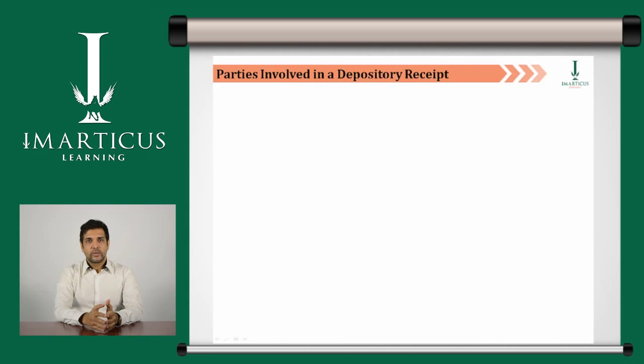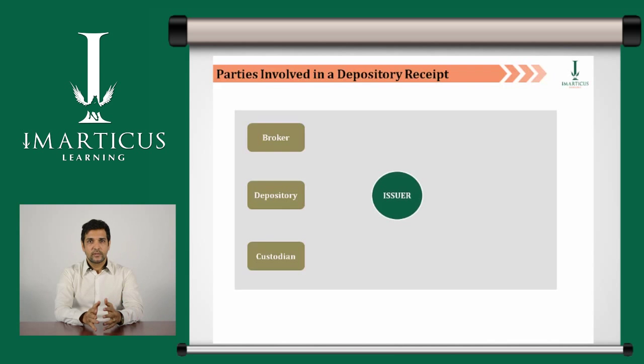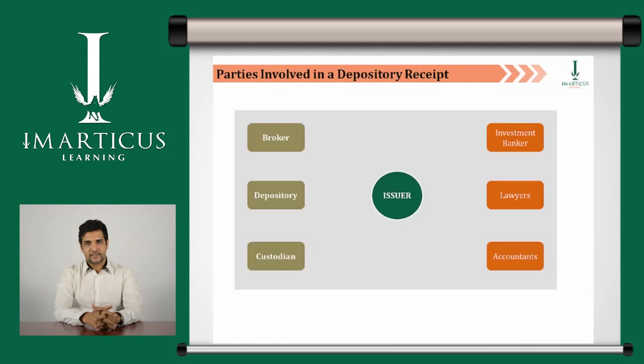Now the parties to a depository receipt include brokers, depository, custodian, the issuer, as well as other players like investment banker, lawyers, and accountants.